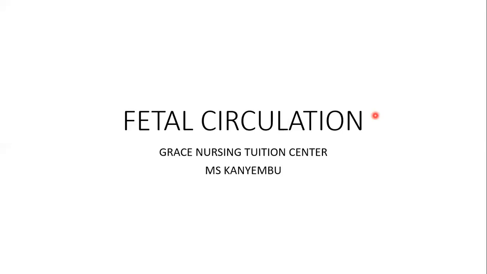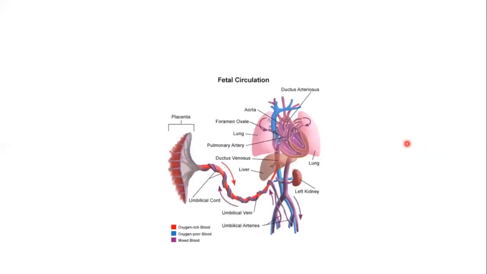We know that the circulatory system carries blood, and blood is a major component. Even in an adult, you need blood because it is the blood that carries the oxygen and the various nutrients that the cells need in order to carry out their usual functions.